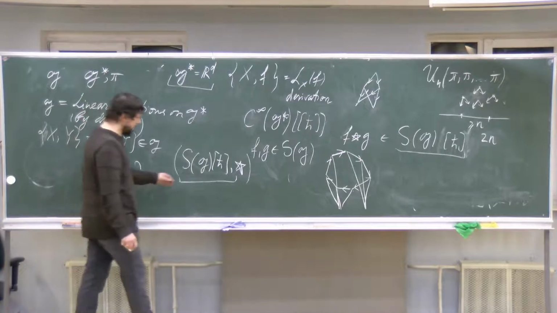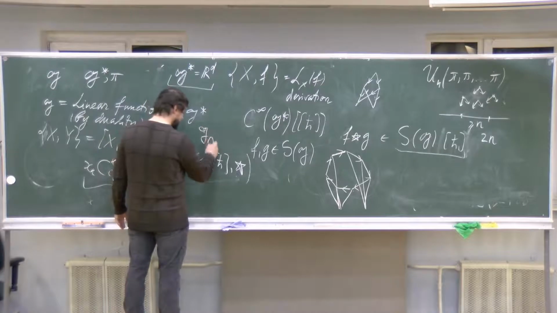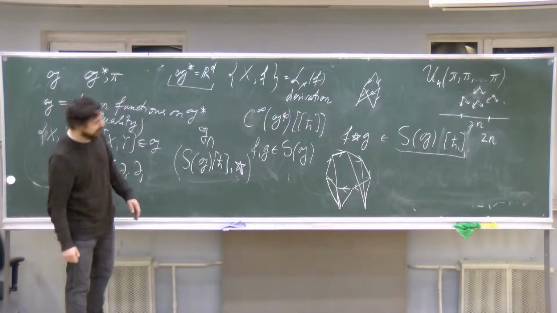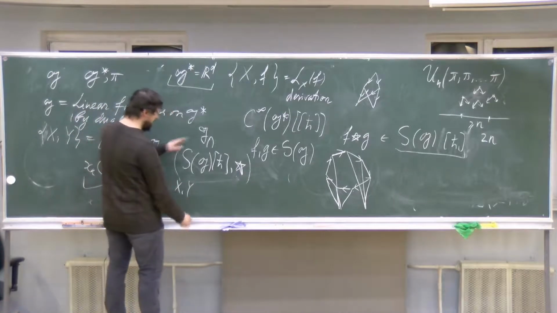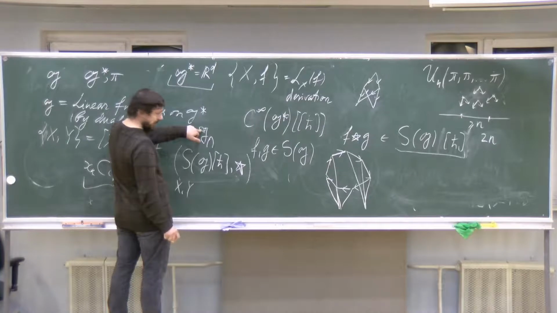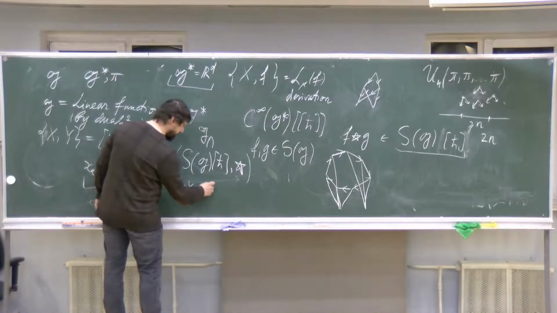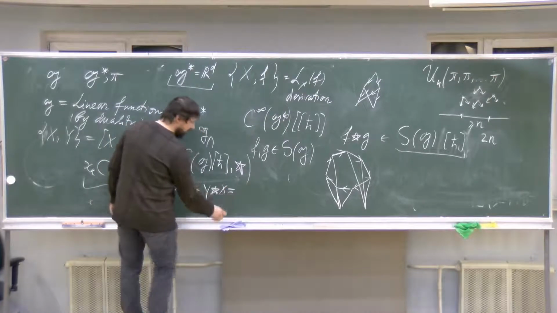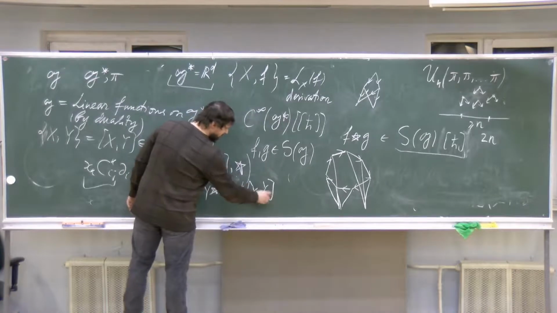And of course, G itself is inside this algebra. If you take elements x and y in G, take their star product and then take the commutator with respect to the star product, you will obtain h bar times the commutator of x and y in the algebra.